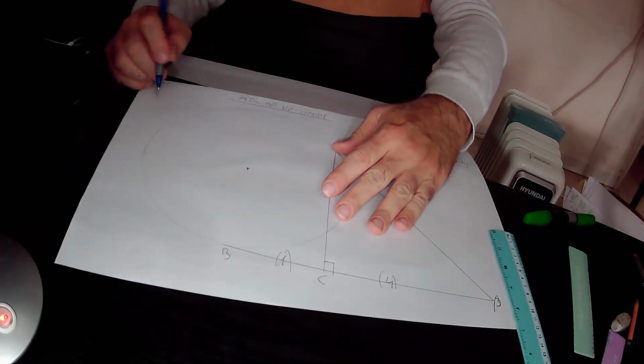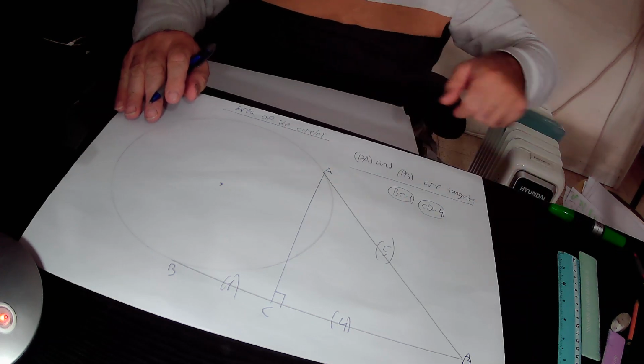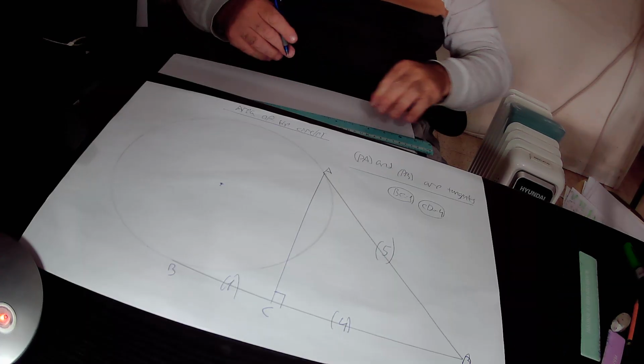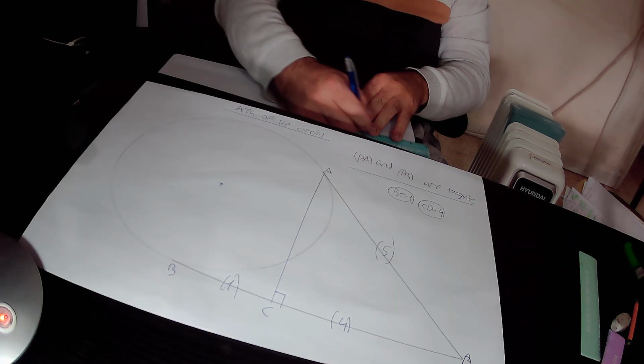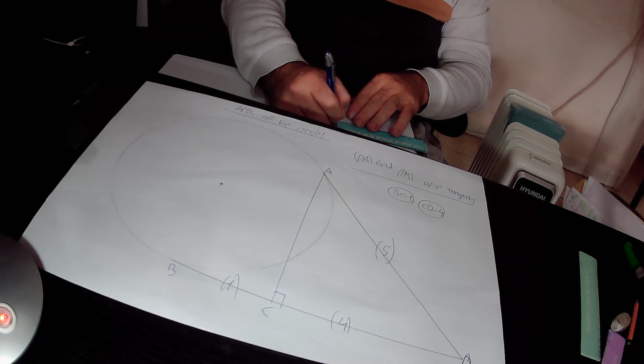In the next step, we will implement the Pythagoras theorem on this right triangle ACP. Here PT is the abbreviation for Pythagoras theorem.